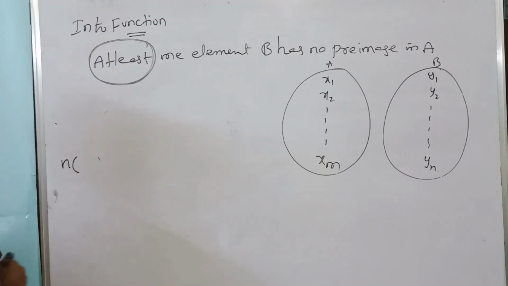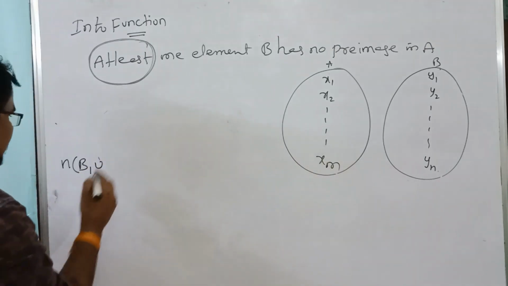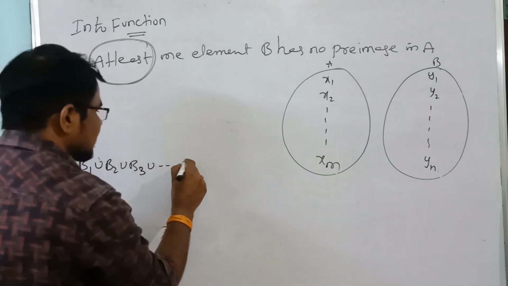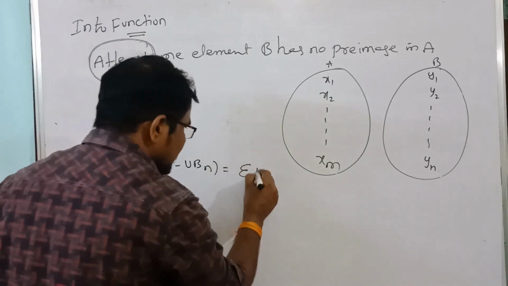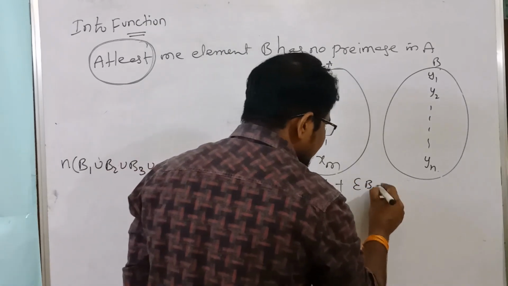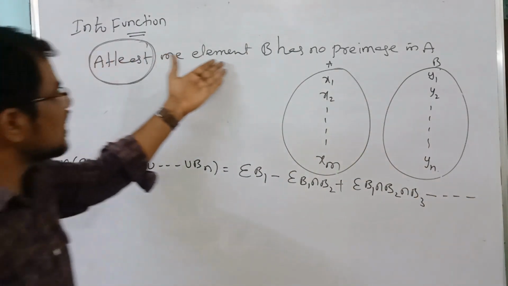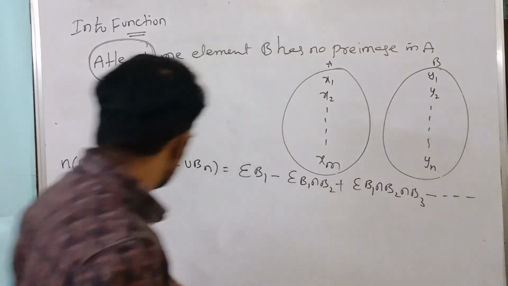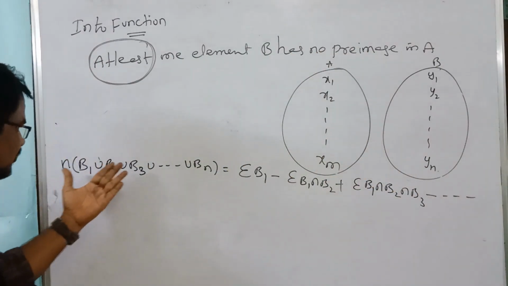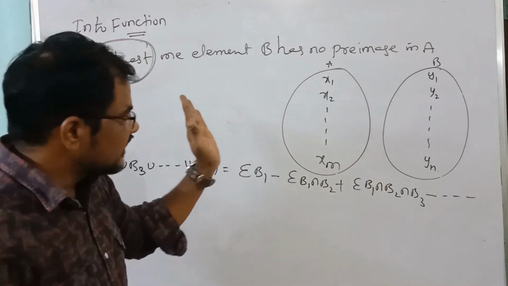So for that, by the inclusion and exclusion principle, if you take B1, B2, B3, ..., Bn, the number of elements in the union can be written as sigma B1 minus sigma B1 intersection B2 plus sigma B1 intersection B2 intersection B3 minus, etc. That is, at least one element of B has no pre-image in A, so n(B1 ∪ B2 ∪ ... ∪ Bn) equals sigma B1, alternately plus and minus by inclusion and exclusion.